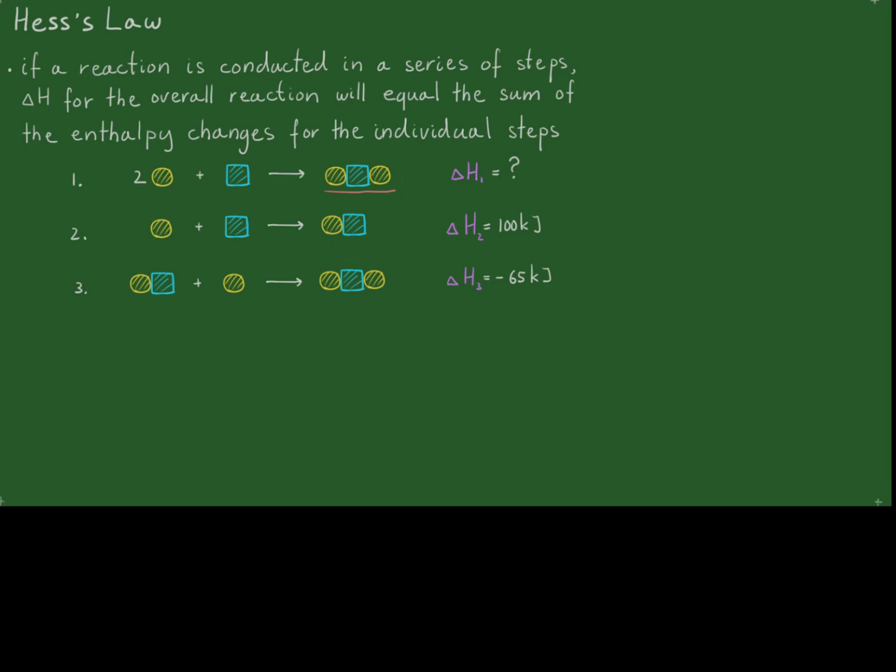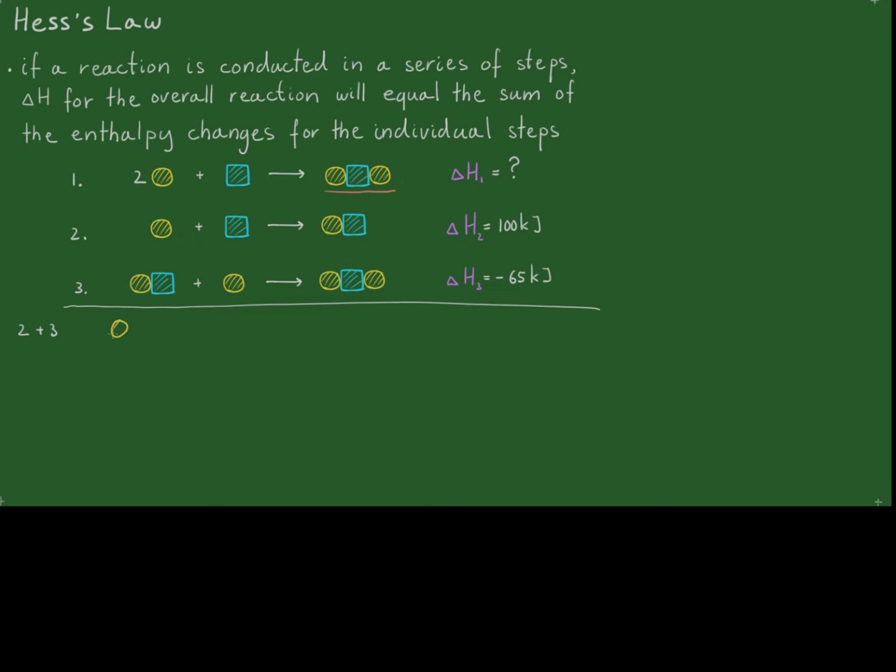So it turns out what we can do is we can add reaction 2 and 3. That's what I'm going to do here. So 2 plus 3. So I'm going to add all the reactants of 2 and 3 and add all the products of 2 and 3.